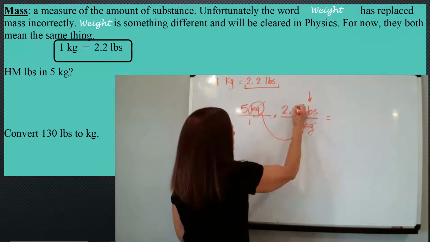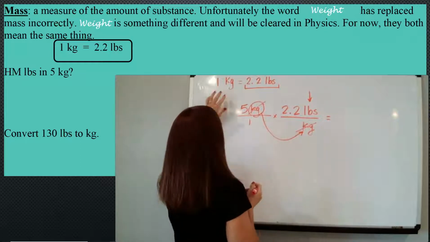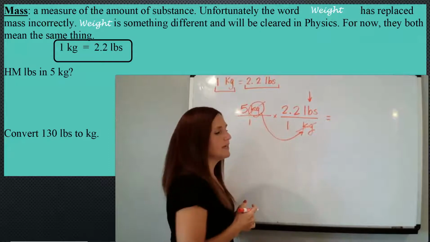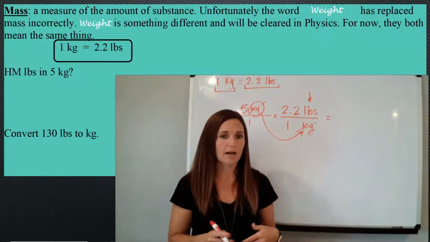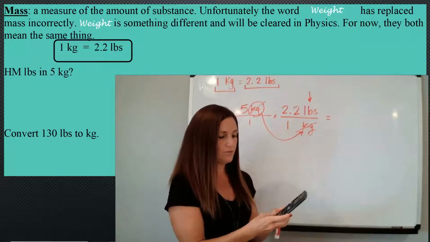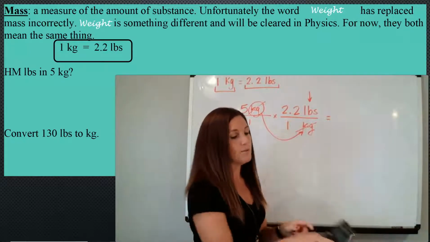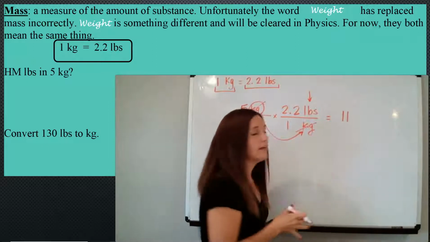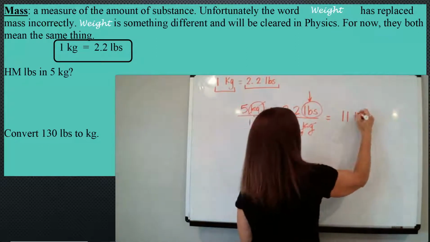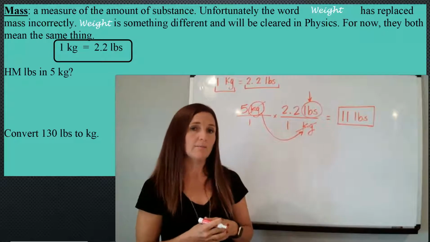I say 2.2 pounds. And if it's 1 kilogram, I don't split that up. I just write 1 kilogram. And so now to plug this in, you should be plugging in 5 times 2.2, and I end up with 11. And the unit that I'm left with is pounds. That is equal to 11 pounds.